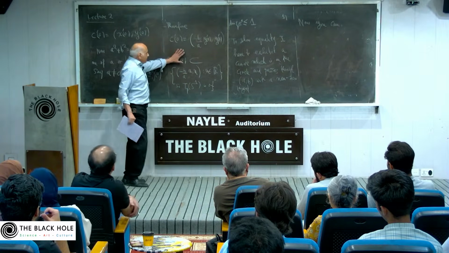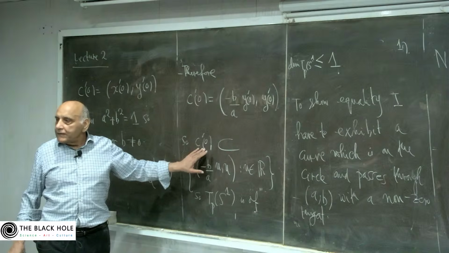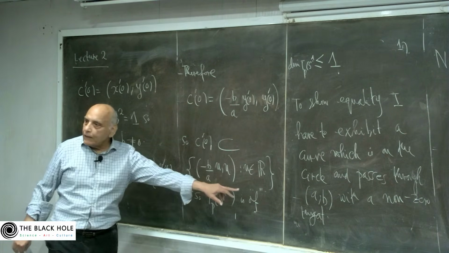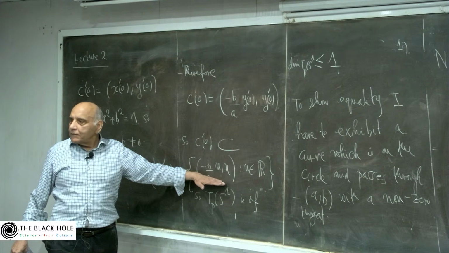Sir, equal to 1 I understand, but less than 1 dimension of tangent space at p is less than 1, why are we saying less than 1? Very good question. From this equation, you see that the tangent space is a subspace of this space. Yes sir. This space has dimension 1.